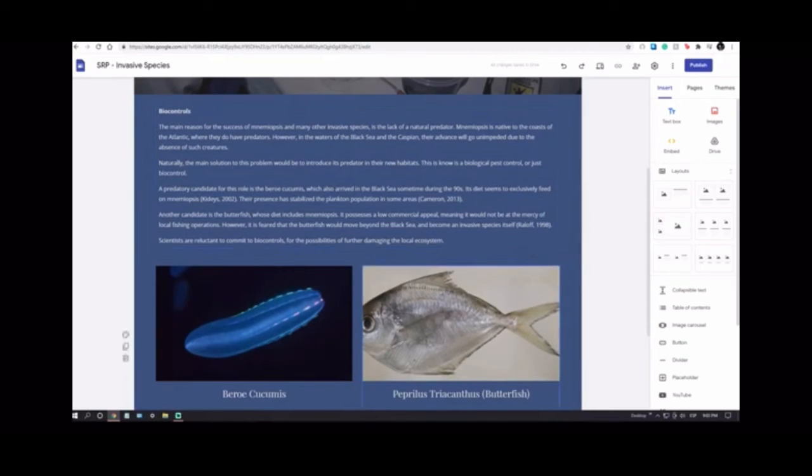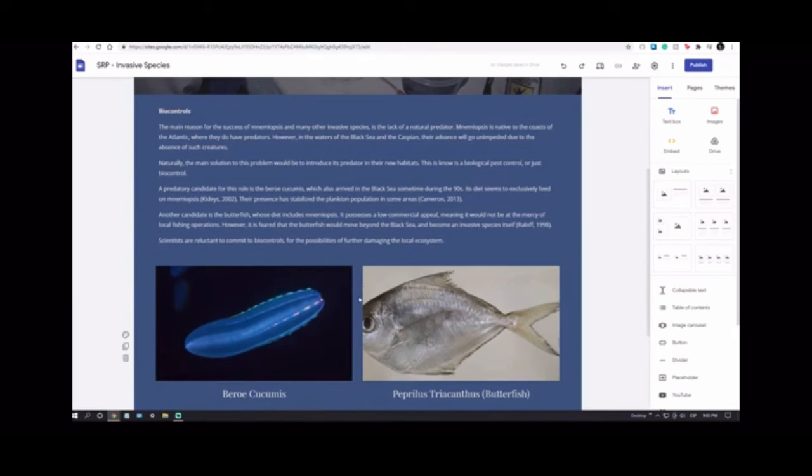It's a good candidate because it has low commercial appeal, therefore it won't be fished. However, scientists worry that if they use a butterfish to try and control Mnemiopsis, it'll just escape the Black Sea, maybe cross into the Aegean and the Mediterranean, and become an invasive species itself.